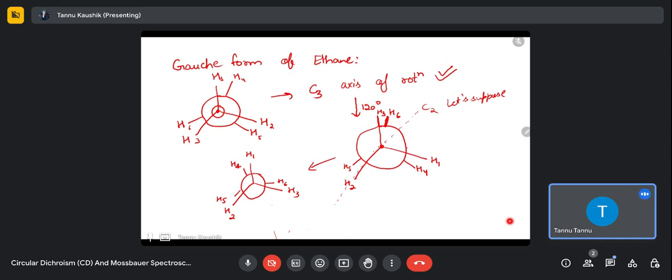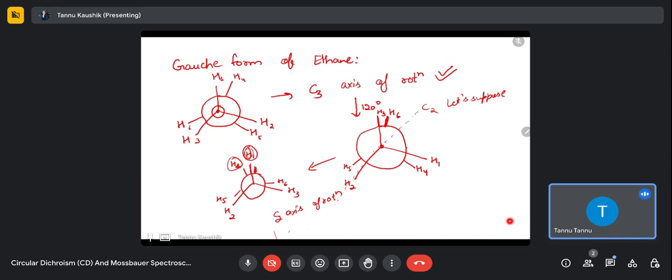So these are not equivalent configurations. So C2 axis of rotation is not present because this hydrogen atom was present ahead of this hydrogen atom, but here it is coming behind this H1 atom.